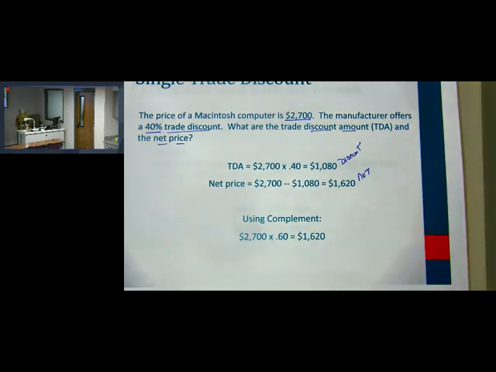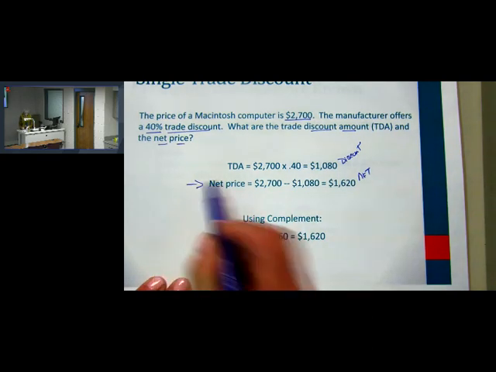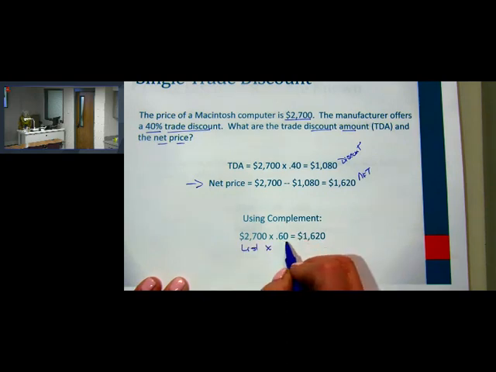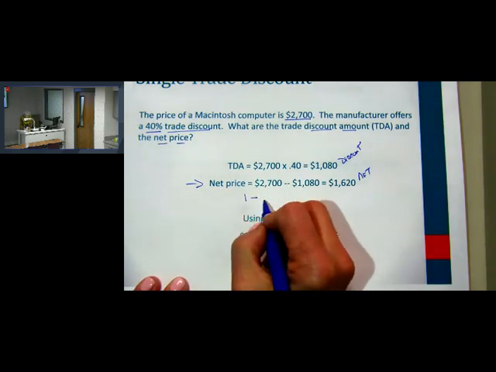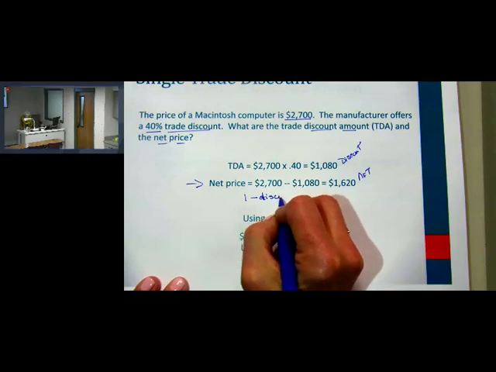A much quicker way, just like I said, is use the complement. You only have one calculation step to do. You don't have to do this subtraction step here. So take your list amount here. Again, this is list. Take it times the complement. So what's my complement again? 1 minus the discount rate.